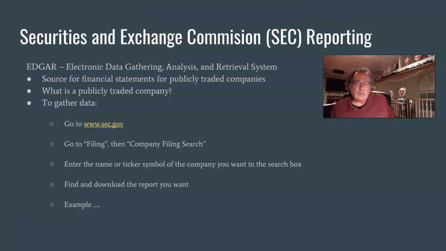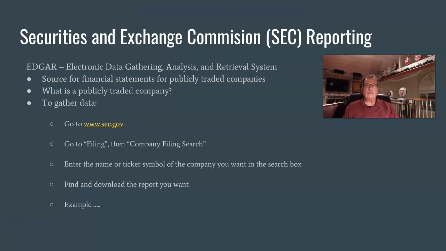It's a company like Apple, Chevron. You can buy the stock if you want to. You can go to the NASDAQ or maybe the New York Stock Exchange and purchase the stock. And the idea is that there's a common form of reporting various information so that investors can make informed decisions.